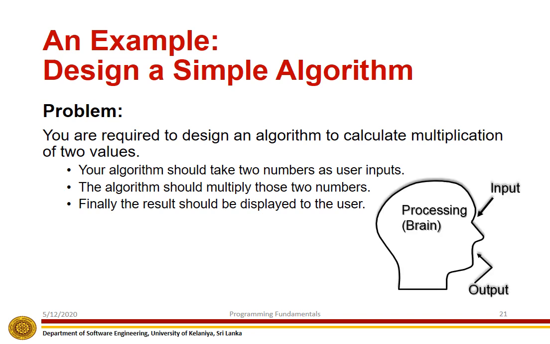Normally, when you multiply two numbers, you get the two inputs, process them in the brain, and give the output to the user. The same way in the algorithm. First you should take two numbers, then you should multiply them, and finally the result must be displayed.